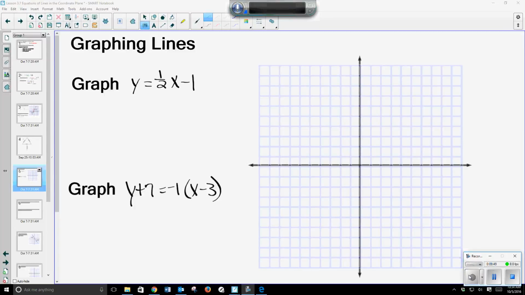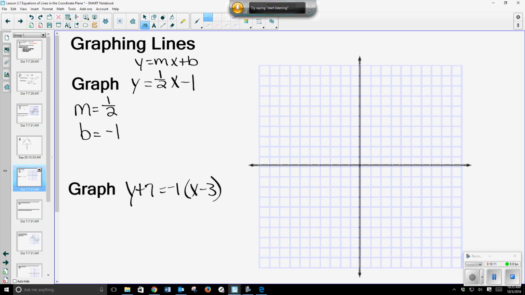In this first line, it's slope-intercept form. The slope is 1/2. The y-intercept is -1.